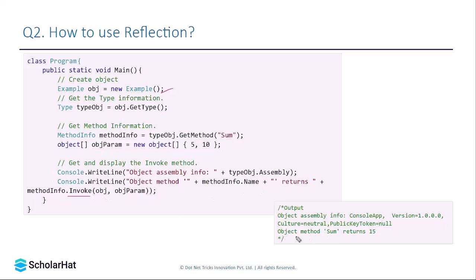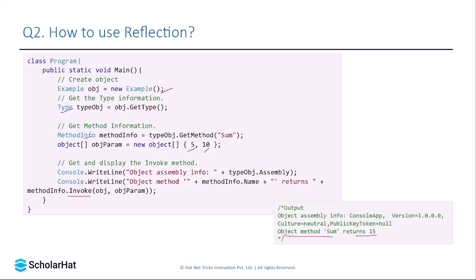We invoked the Sum method and it returns 15, because we passed two parameters with values 5 and 10, and inside the Sum method we must be summing these two values. You can see how powerful reflection is. We can call a method in any class by applying a couple of things like the properties and the MethodInfo.